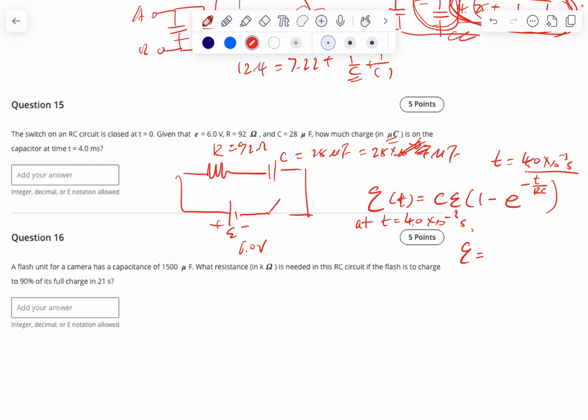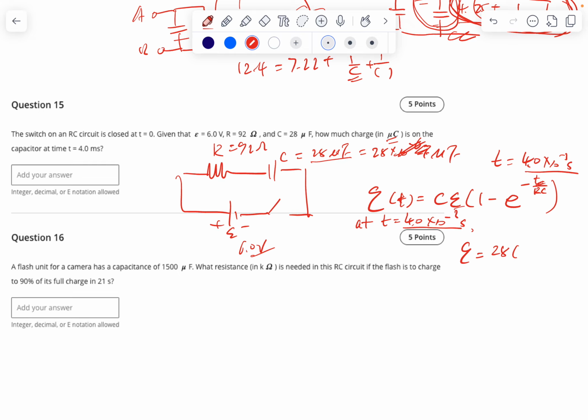Just substitute time into this term. You know C, you know epsilon 6, 1 minus e. So this equals, just plugging everything in.